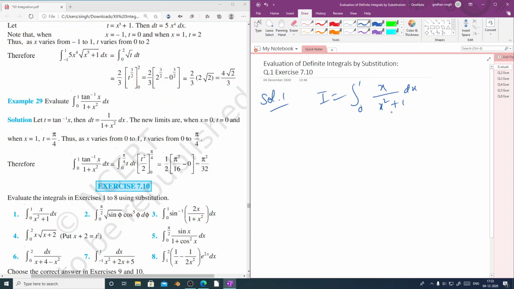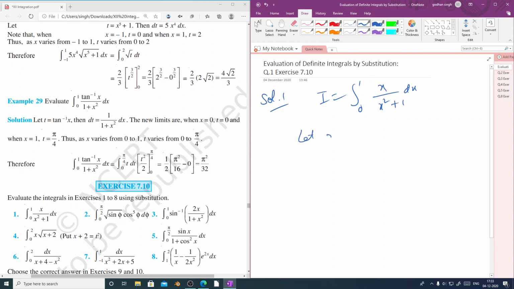In that case, we will not separately solve this function of x over x square plus 1, but we will use the substitution method, and in that case we will change the limits also, because here the limit is x equal to 0 and x equal to 1. Lower limit is x equal to 0 and upper limit is x equal to 1, and we are integrating the function in between those limits. So let us see how it can be done.